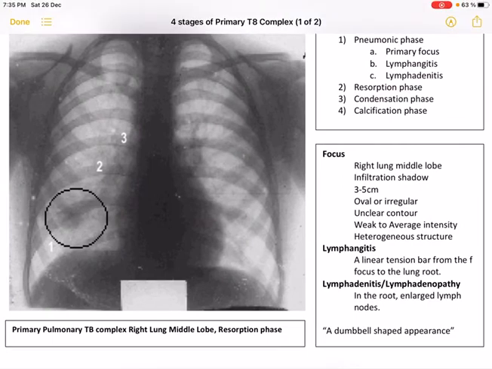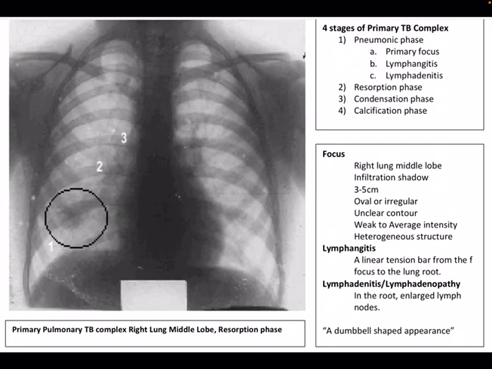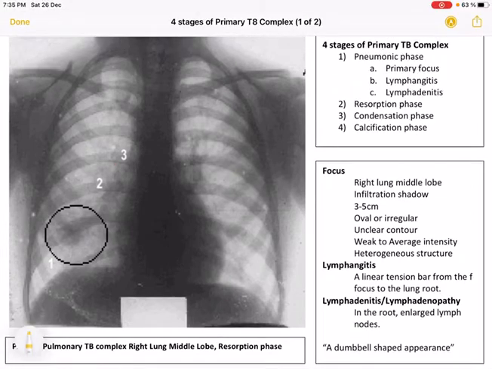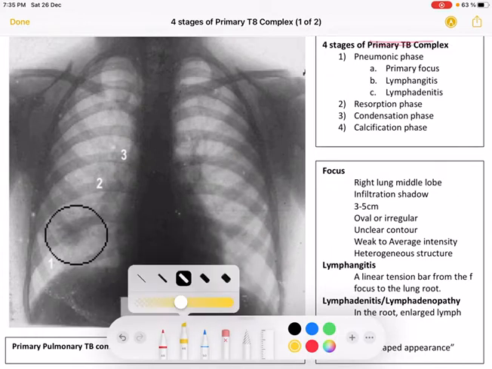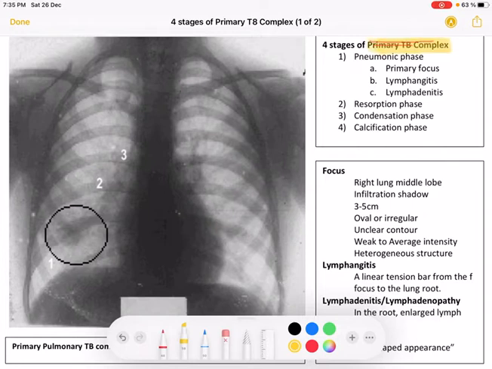If we talk about the primary TB complex, it consists of the primary TB focus, the lymphangitis and the lymph node.